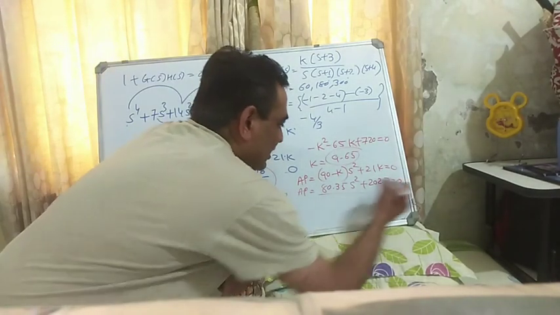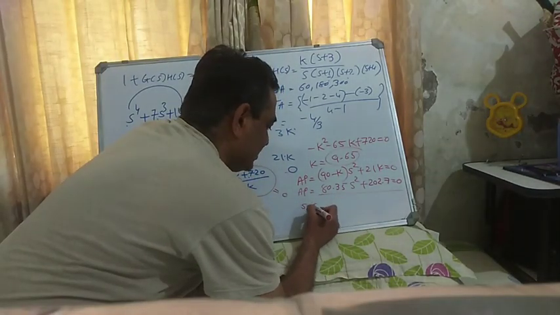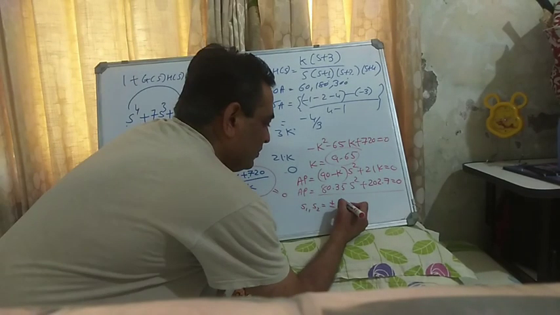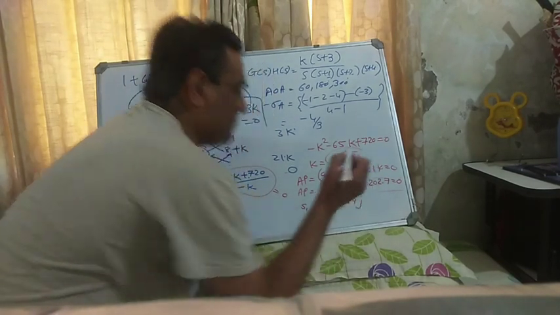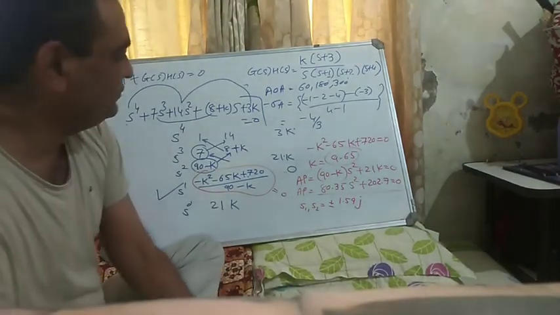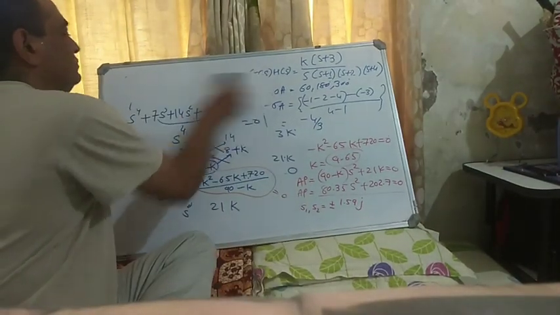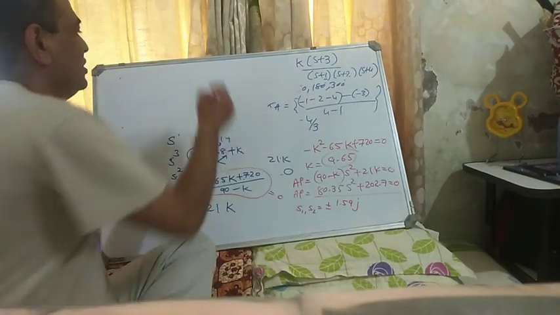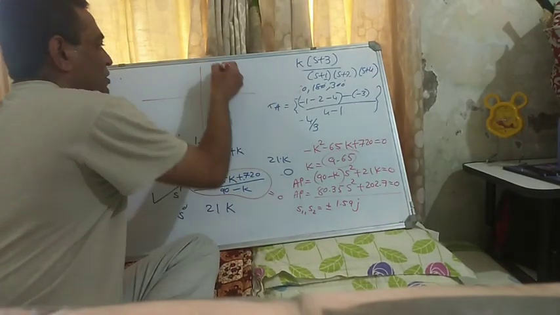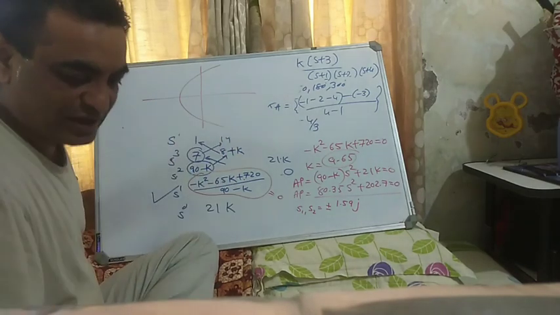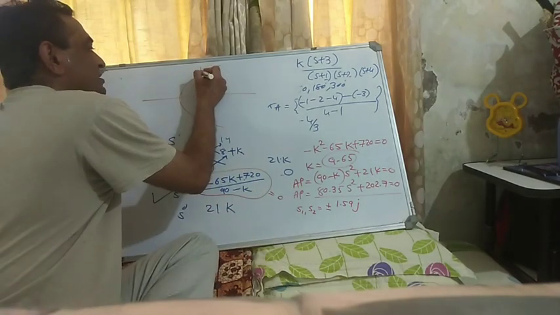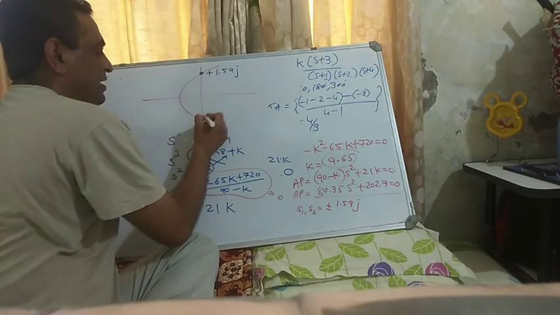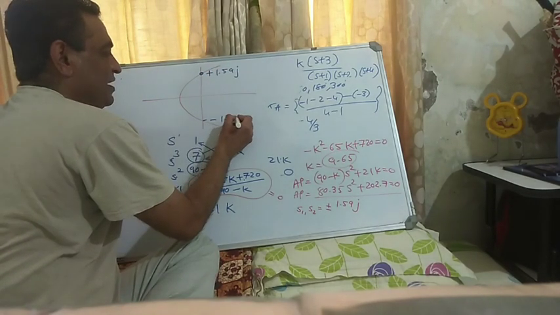So if you solve this, you will get s1, s2 as plus minus 1.59j. So now this was the root locus, for example, and this is plus 1.59j and this is minus 1.59j.